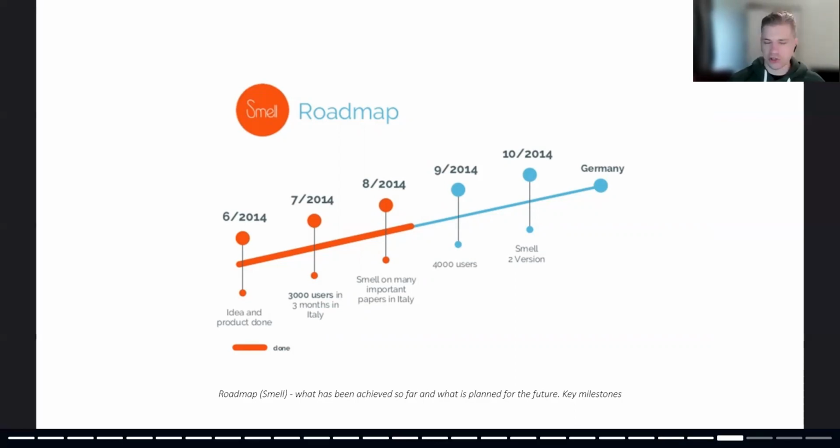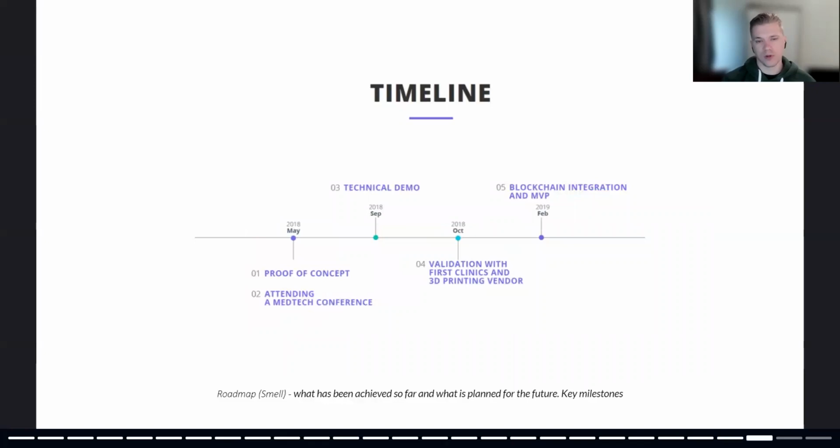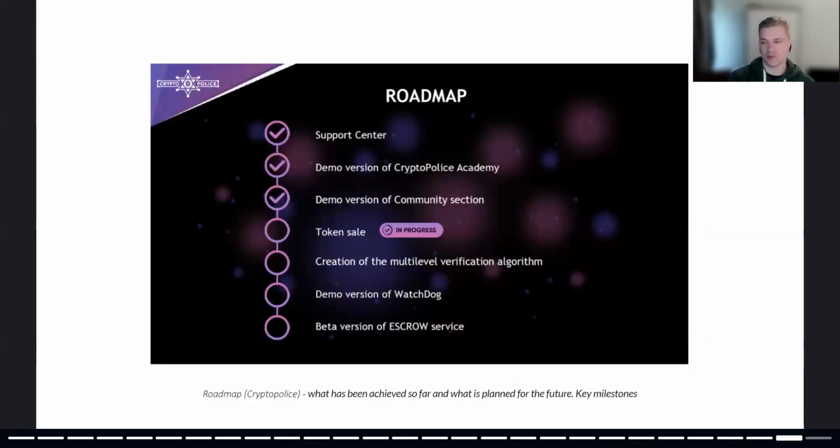I think you just have to choose how long a period you want to show in the future. So just think about this and include these points again: what has already been done. In this slide they also showed what's in progress or happening right now, and what you will be doing next in the future. So yeah, that's about the roadmap, and that's it.